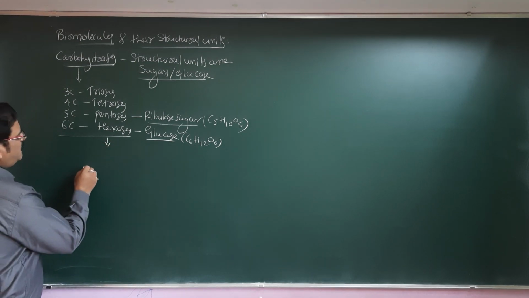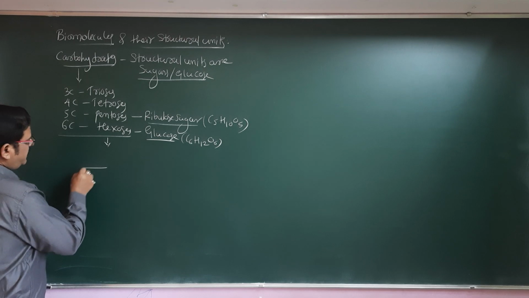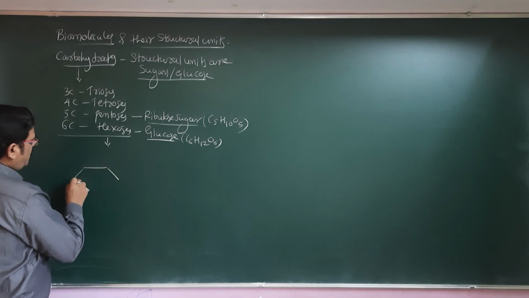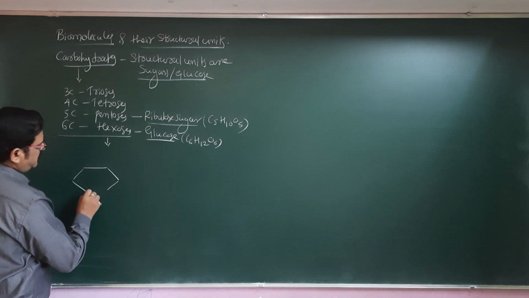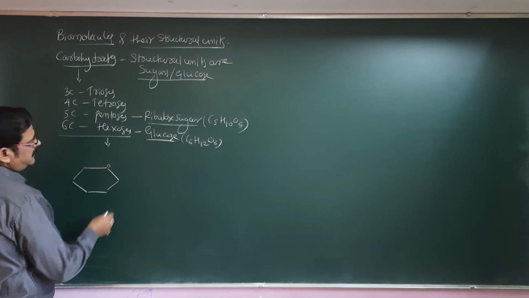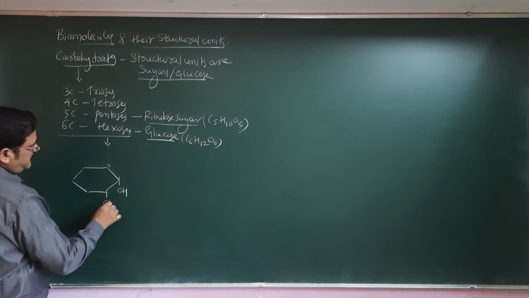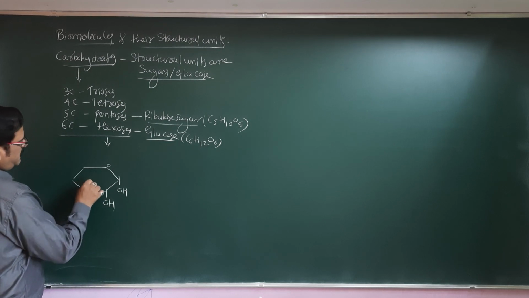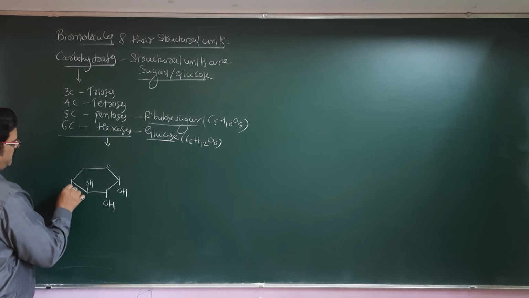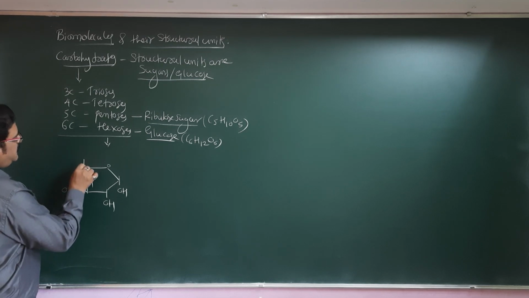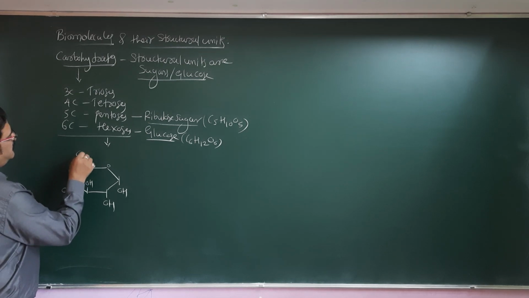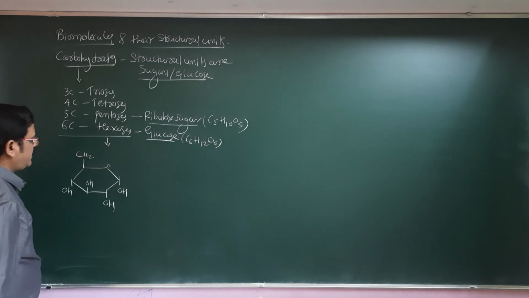So let us understand the hexose or glucose structure. Glucose has the terminal oxygen and then the alpha carbon. Here the OH group is here, another OH group is here, and then CH2 will be there.